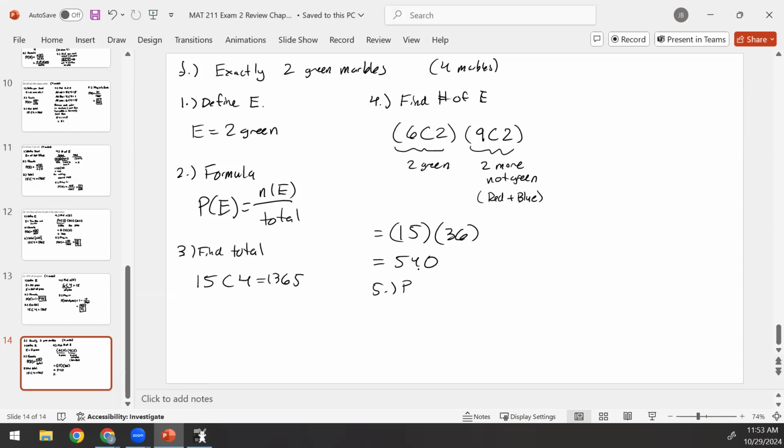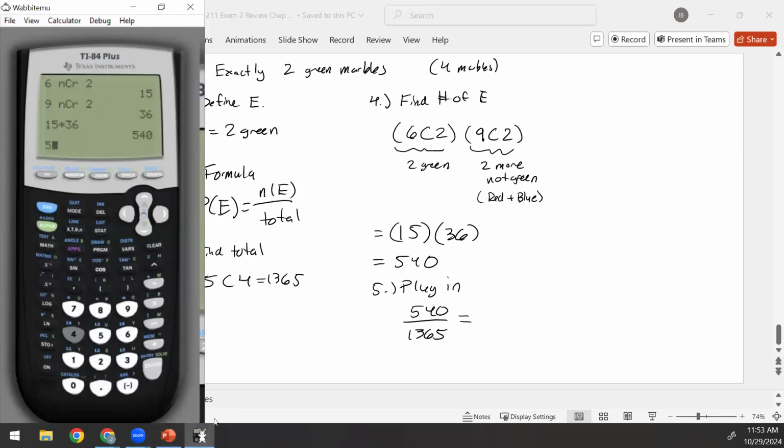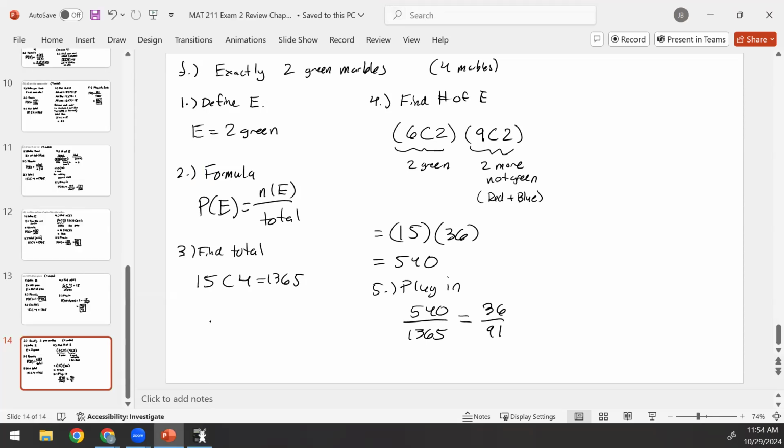And then step 5 is to plug in. 540 over 1365. And then math frac, and 36 over 91. So if I ask you for exactly like 4 red or 3 red, you just basically find the combination of grabbing those ones first, and then whatever's left over, you just fill in with how many you still need to make the entire hand. Okay.